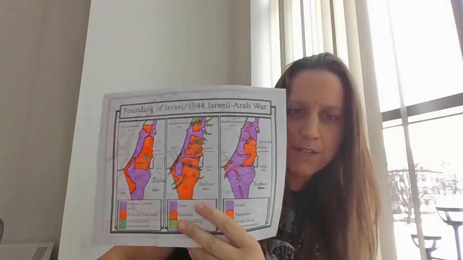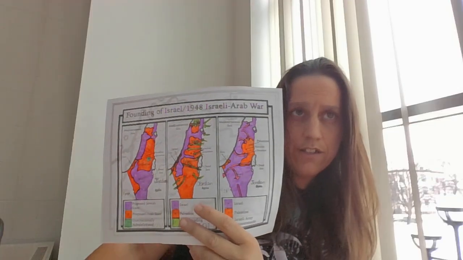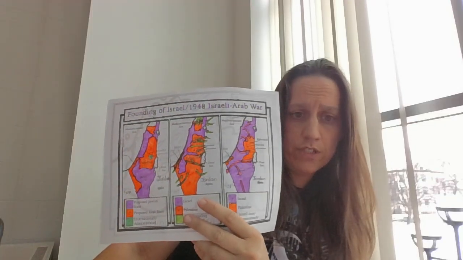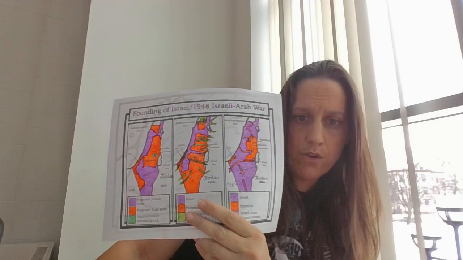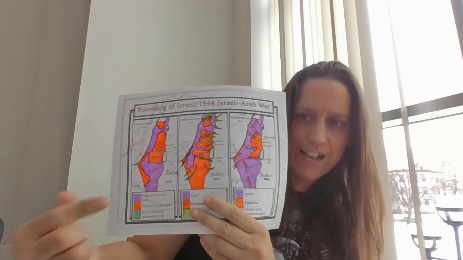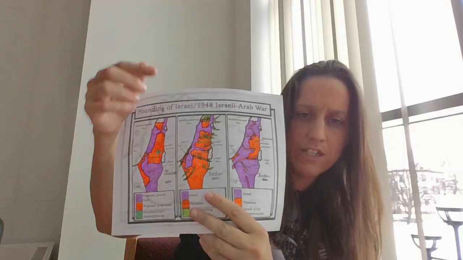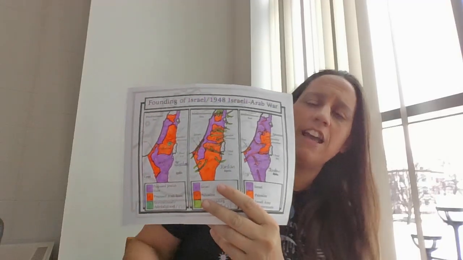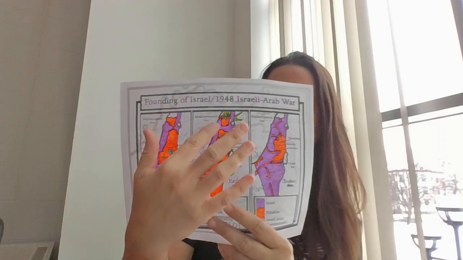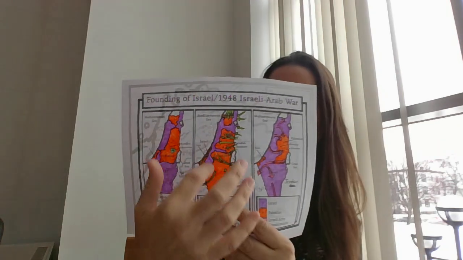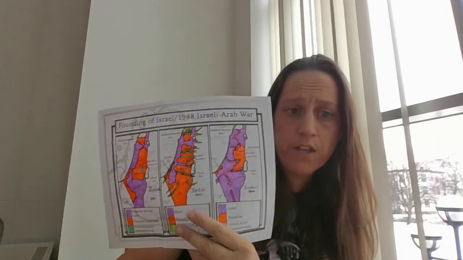And again, because they took that road to Tel Aviv to Jerusalem, they want to take down some more towns. And what this does, as you can see, is that it's going to lead to a lot of Palestinian Arabs being displaced from these areas because the Jewish Israel fighters are pushing them out.